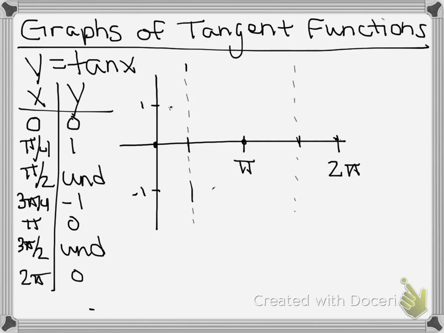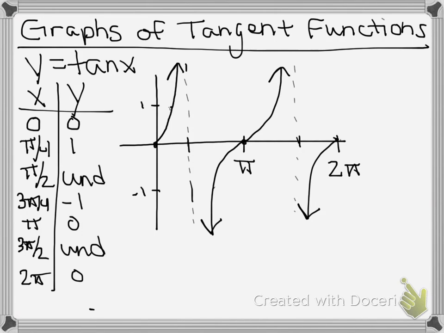But what's happening as our graph goes around is tangent is going to get bigger. In fact, it's going to go up towards infinity. And then from pi, it'll go down. And then we can say up, because at 5 pi over 4, it's 1. And at 7 pi over 4, it's -1. So this is our basic graph of tangent.